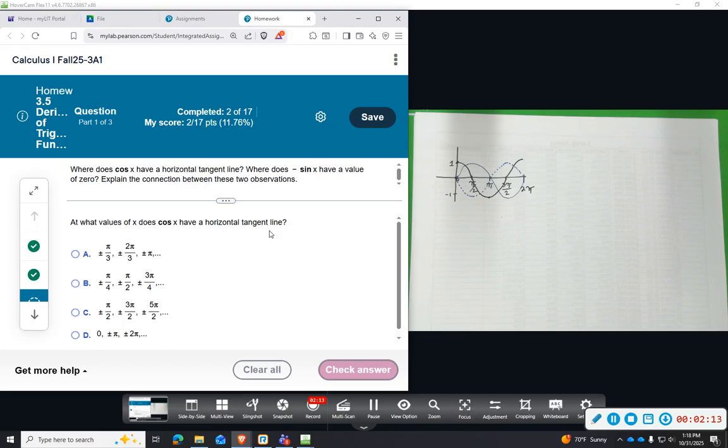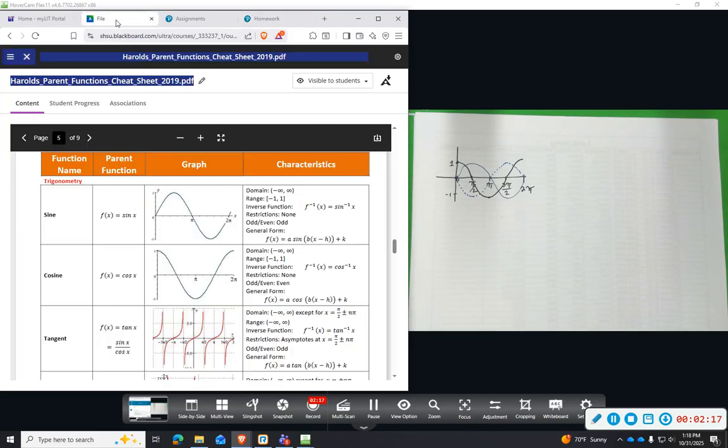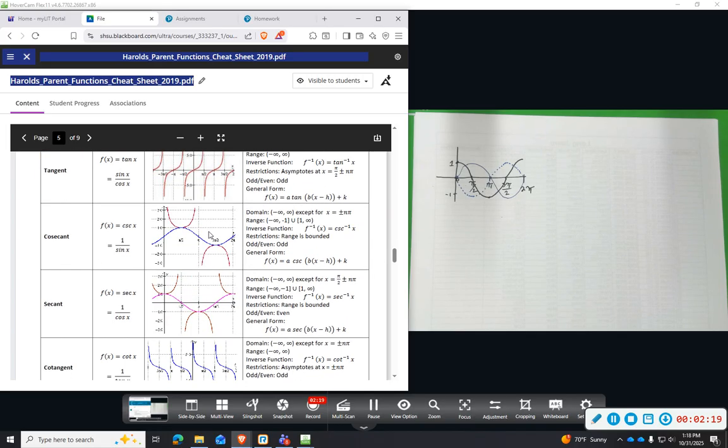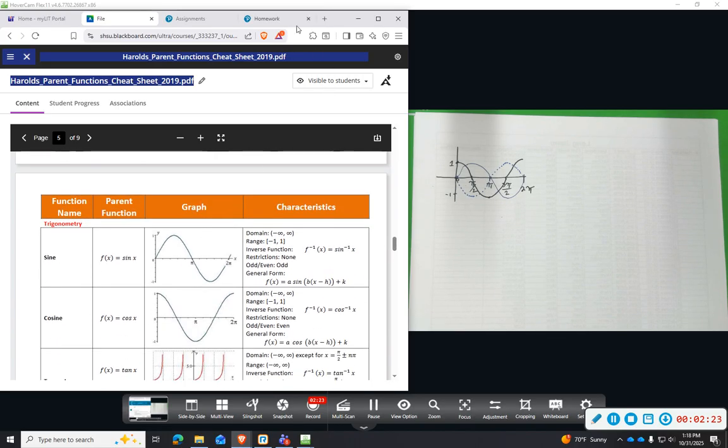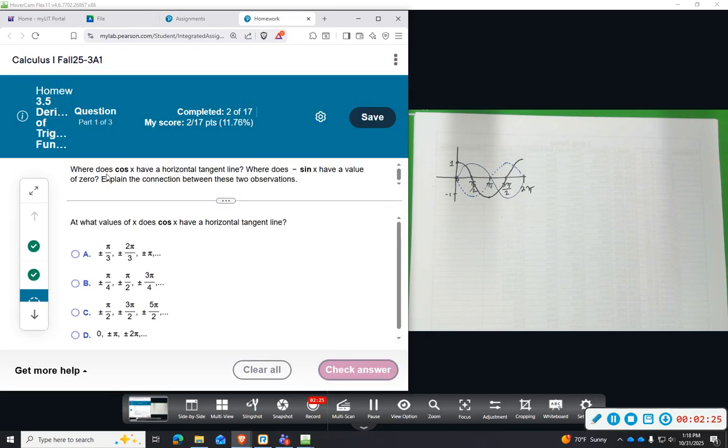So according to these drawings, and of course in the class you can look at our trig cheat sheets and handouts and see all the graphs of the trig functions. When cosine has a horizontal tangent line, it's going to be at the maximum or min. That's going to happen at pi, and then at 2 pi, and every pi interval is going to have a horizontal tangent line that's going to be a maximum and or a minimum.